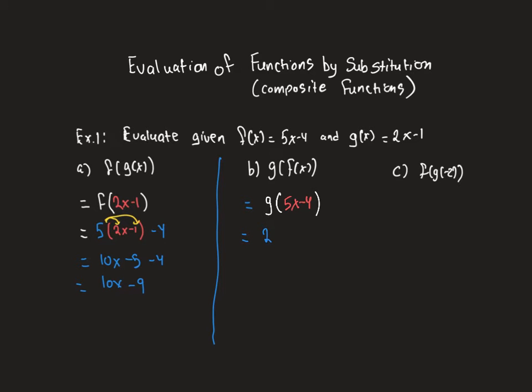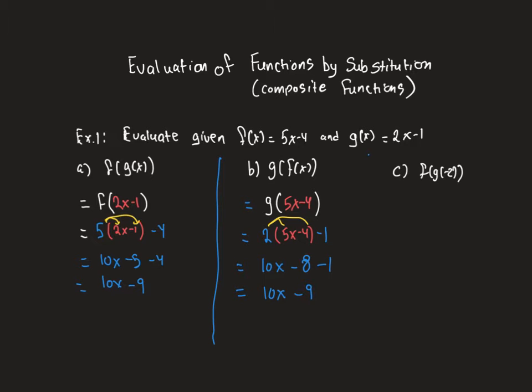Then there's an x there, so that x becomes 5x minus 4 minus 1 is equal to, you want to distribute, Pokemon Go, get that in there. So it's 10x minus 8 minus 1 is equal to 10x minus 9. And you're done.